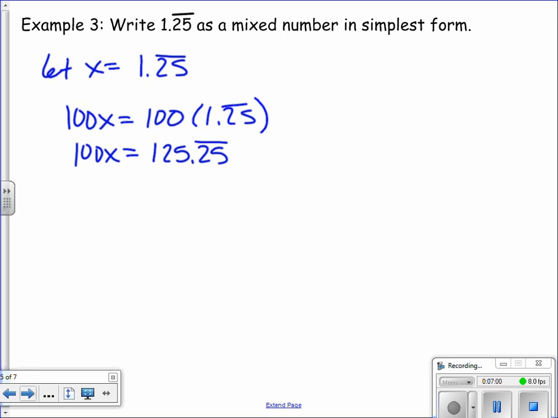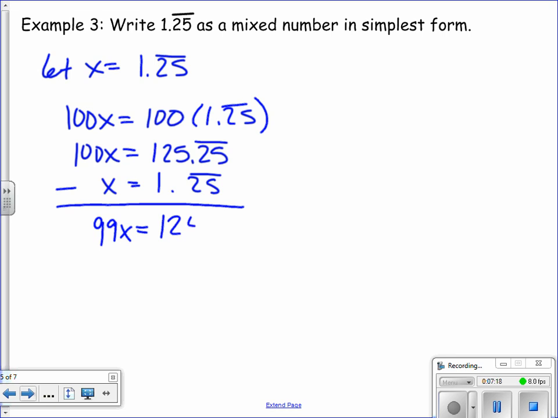Now we have to subtract the original equation. When we subtract, we really should be lining up the decimal points. 100x minus 1x is 99x equals 124. And then we're going to divide by 99.